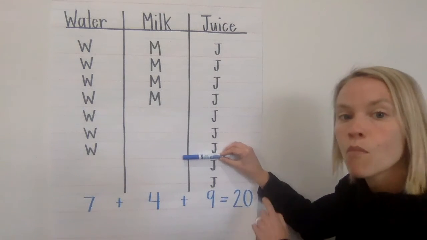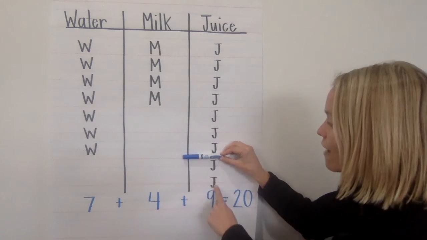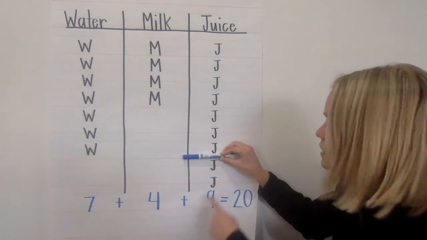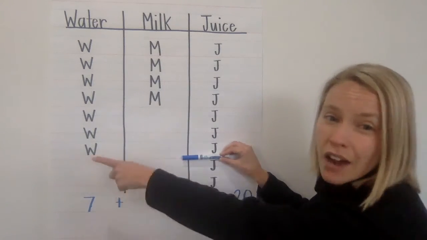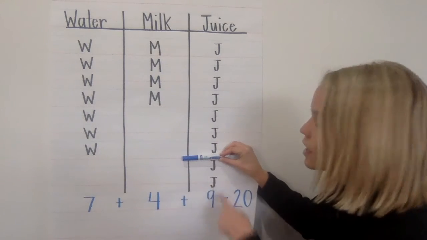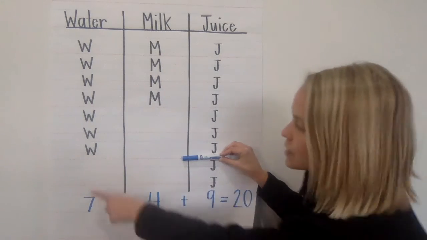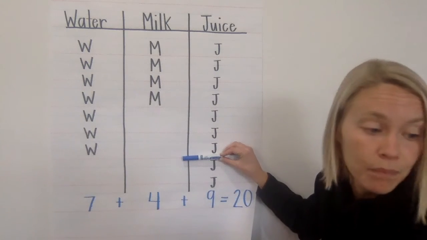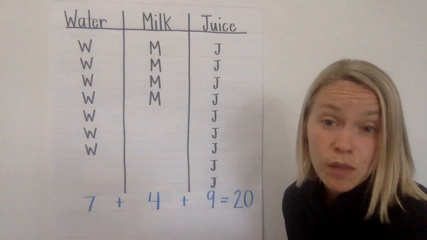How many more does juice have that water doesn't have? So we could say 2. We would say water is 2 less than juice because it doesn't have 2 right here for them to be the same. Okay, those are some tricky problems.